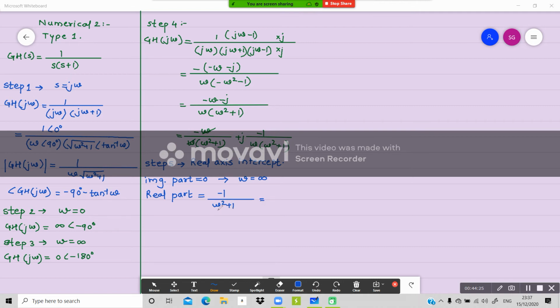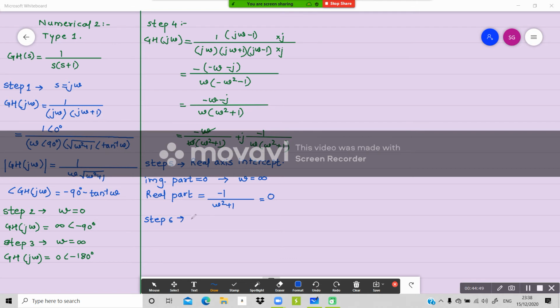That means infinity plus 1, again infinite. 1 upon infinity is 0. So at omega equal to infinity, the magnitude of the GH(j omega) is going to be equal to 0. Correct? Very simple. Right?